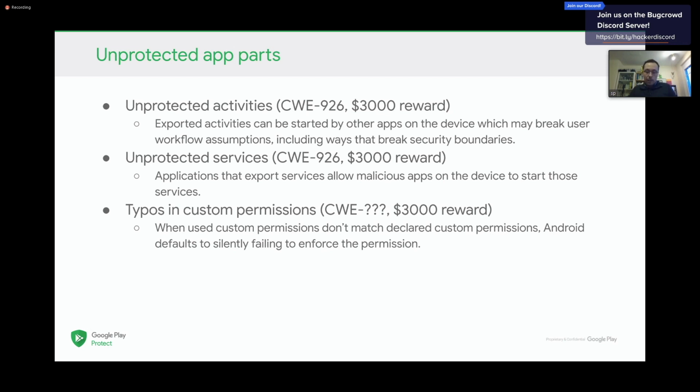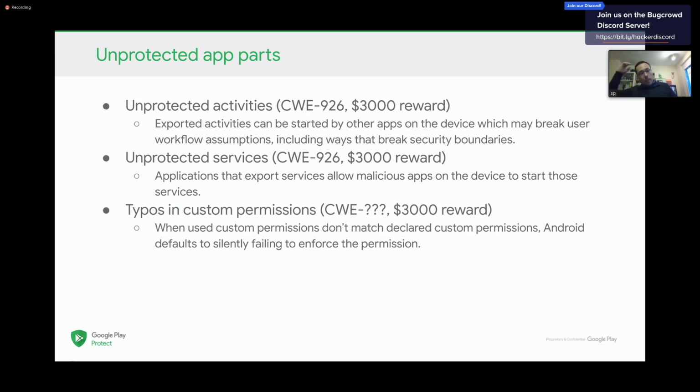So that's not great. Second one is unprotected services. Service is something like a background service. The idea is extremely similar to unprotected activities, just for services. Unprotected activities, we get a lot of security reports in the rewards program. Unprotected services, not so much.